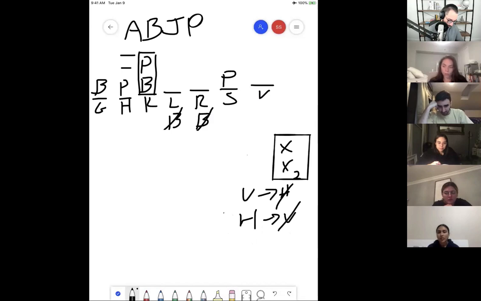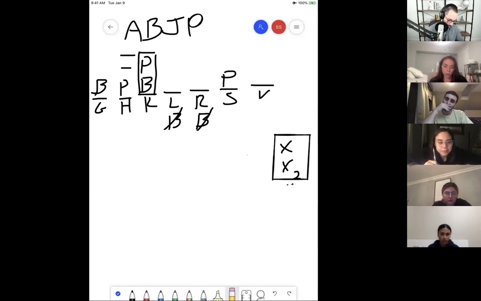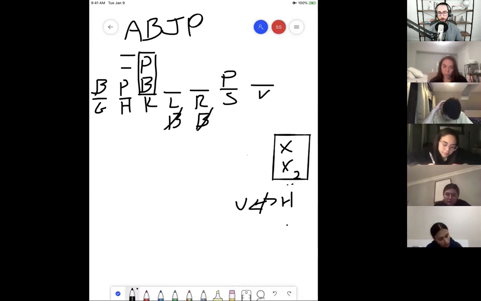Basically to say that they are mutually exclusive. If H has something, then V will not have that thing. So I would do simply H and V mutually exclusive, cannot have the same student. So since we know that H has P, we know that V cannot have P.